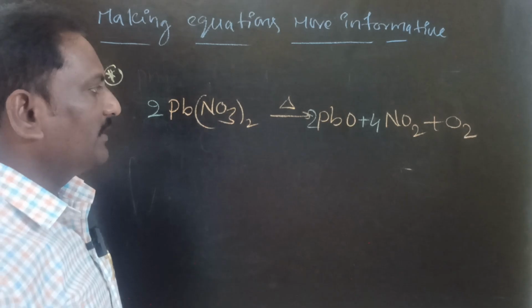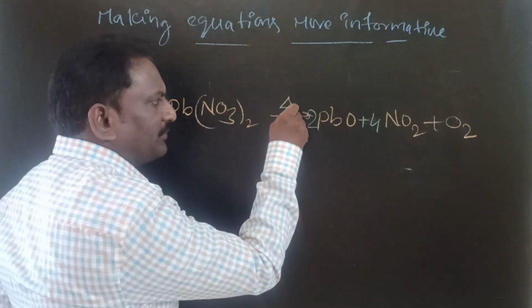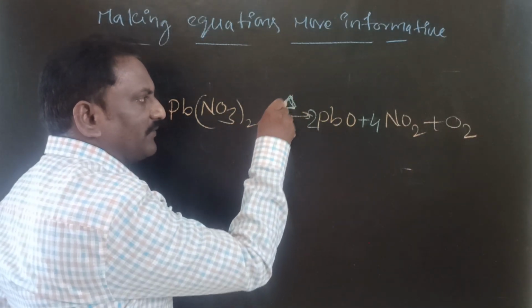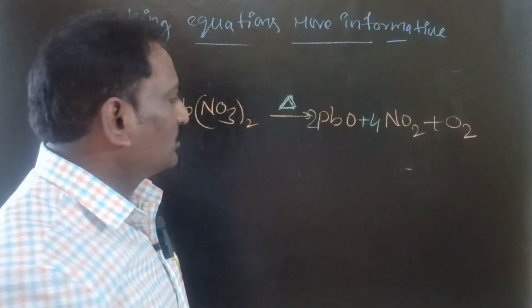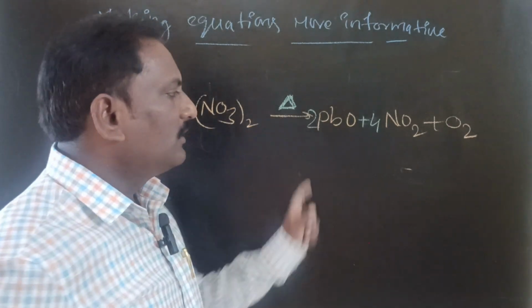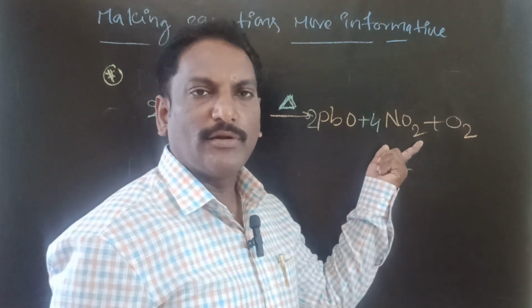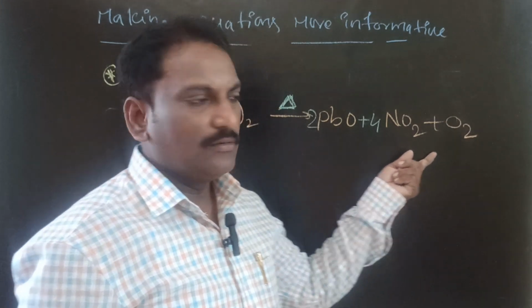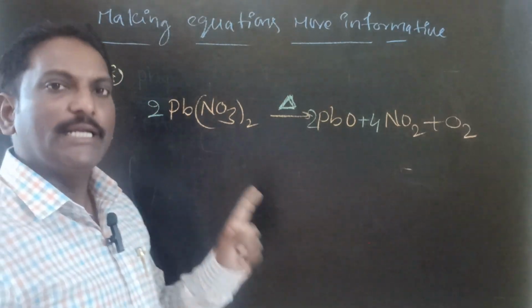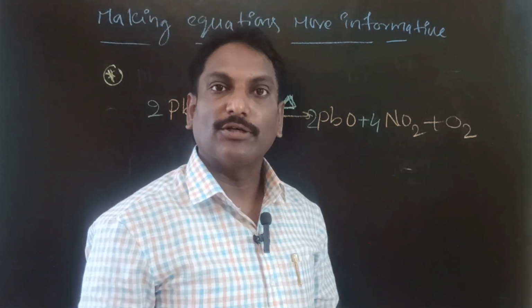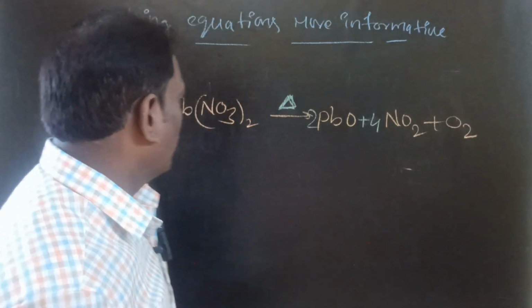Now this is a balanced chemical equation. Here we need to write the delta, the symbolic representation of heating. On heating only we will get these products. Otherwise we will not get lead oxide, nitrogen dioxide or oxygen from lead nitrate. Reaction condition: on heating.